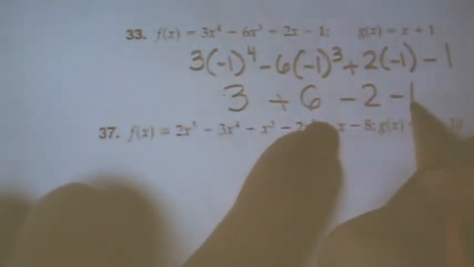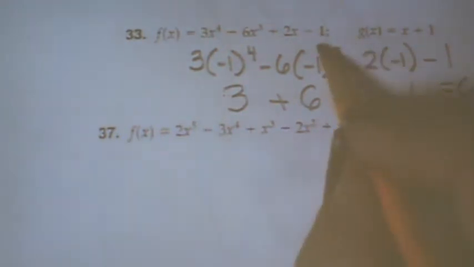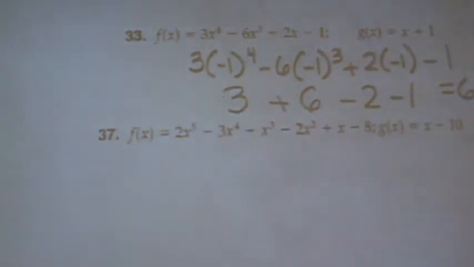And then this is going to be positive 6, right? Minus 2, minus 1. 6. Excellent. So what's the remainder? 6. You don't have to write them any certain way. You can just write the number for the remainder. You don't have to put it over anything. They just want the remainder.